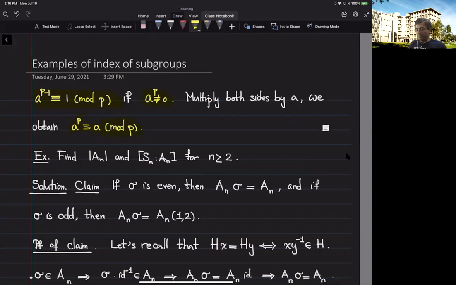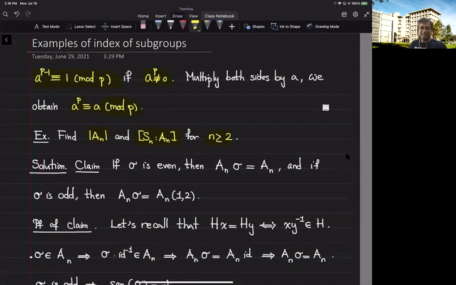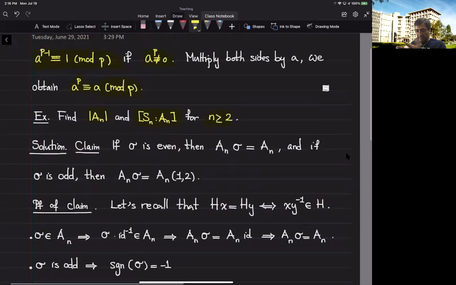Let's see another example. We want to find the cardinality of the alternating group and the index of the alternating group in the symmetric group when n is at least 2. n is 1 is not interesting because in that case, S sub 1 has only one element. Okay, so the claim is that if sigma is even, then A_n sigma is essentially A_n.